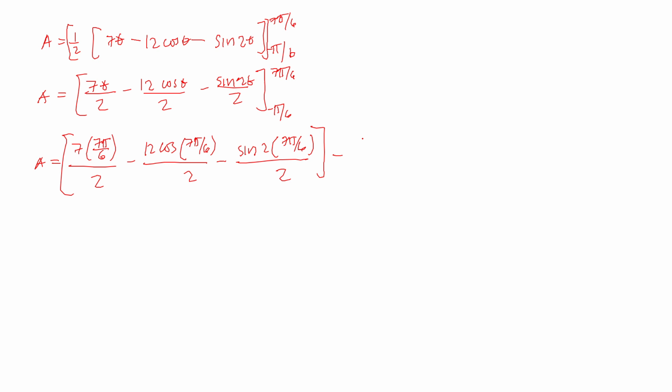Then minus 7 times negative pi over 6 over 2, then minus 12 cos negative pi over 6 over 2 and minus sine 2 times negative pi over 6 over 2.